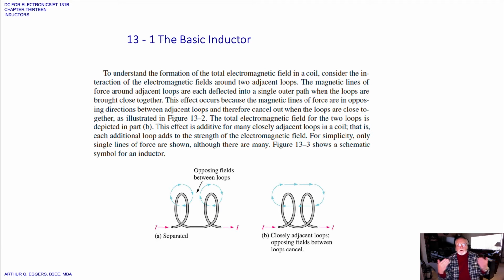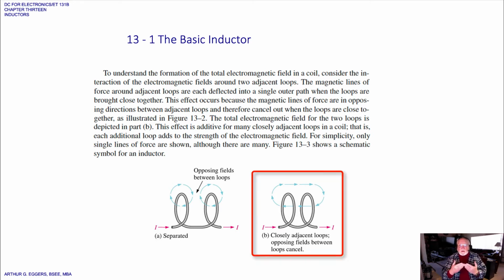But as we move the loops closer together, as we would typically see in the windings of an inductor, the lines of force, or the fields, become integrated and they multiply. The effect is additive for many closely adjacent loops in a coil. So the additional loop adds to the strength of the electromagnetic field.